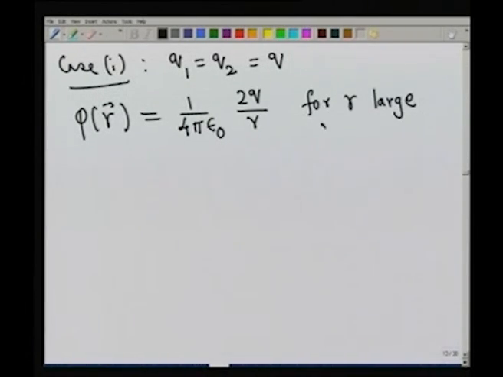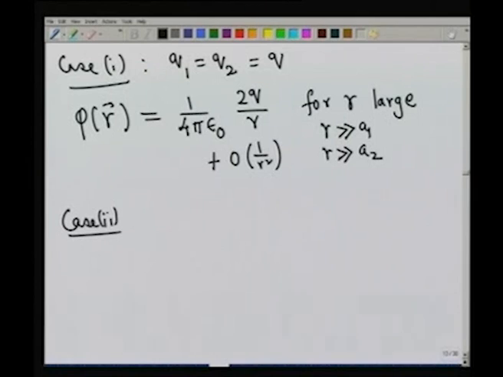What do I mean by R large? R much greater than A1, R much greater than A2. The next order correction is small compared to this particular contribution for sufficiently large R. Therefore, I can write a higher order term 1 over R squared, and that is a subdominant term, not the dominant term.